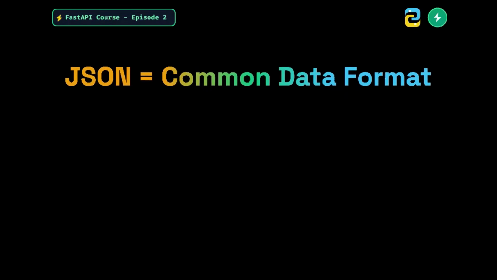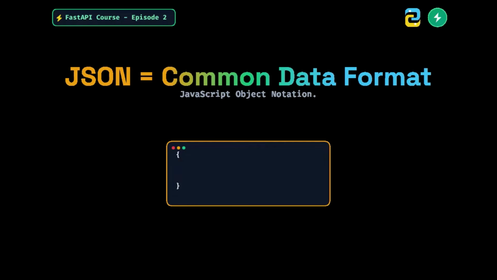You will see JSON everywhere throughout this course. JSON stands for JavaScript Object Notation. Despite the name, JSON is not limited to JavaScript. It is a lightweight format commonly used for exchanging structured data between applications. For example, {"id": 1, "title": "FastAPI Guide"}. Here we have two fields. The id has a value of 1, and the title contains a string.